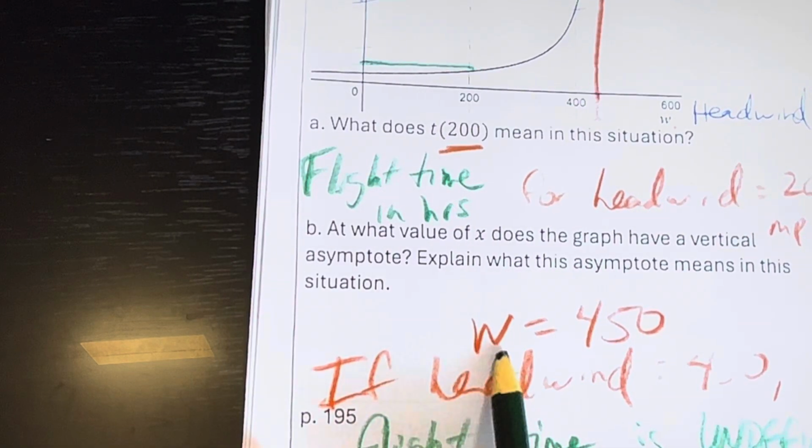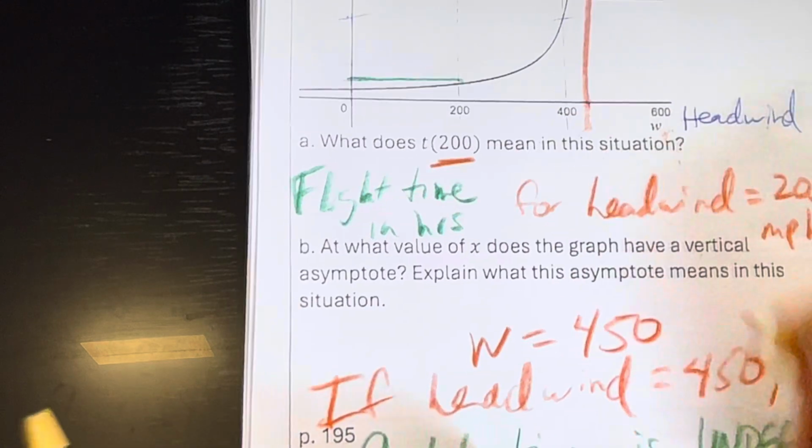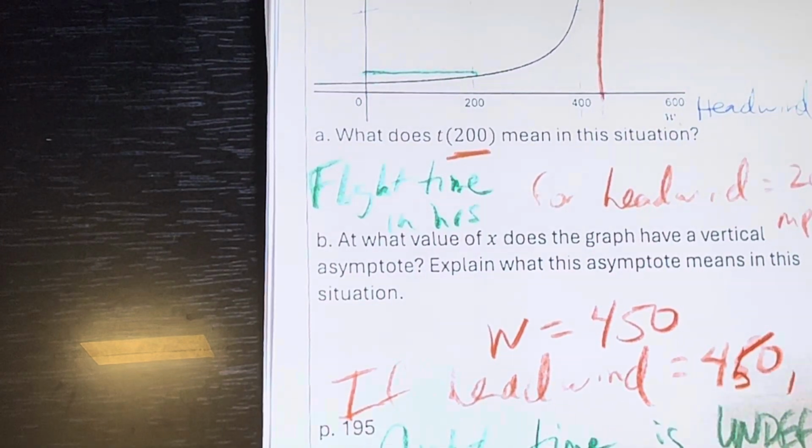When W equals 450, when the headwind is 450, the flight time is undefined.